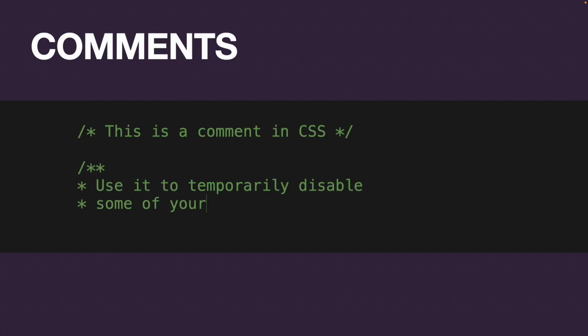Now, just like any other programming language, you can add comments to CSS. You do that with /*, and then you write your comment, and the comment ends when you write */. You can have it in multiple lines and all of that. Now, a fair warning, if you're used to working with other programming languages where you can do this, for instance, PHP, Java, JavaScript, C#, a lot of other programming languages, you can make comments like this, and then you can also make comments with 2 /, and that's going to make a comment that ends when you make a line break.